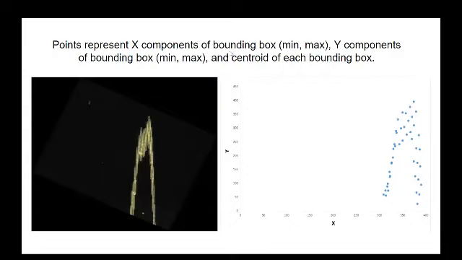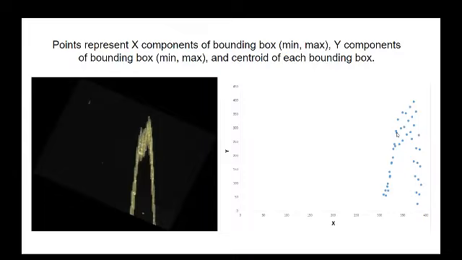We have the corners of the bounding box, the upper right and left-hand corner, the lower right and left-hand corner, so the X and Y components of the bounding box, and then a centroid for each bounding box. The centroid is the midpoint between the ends and halfway between each side.